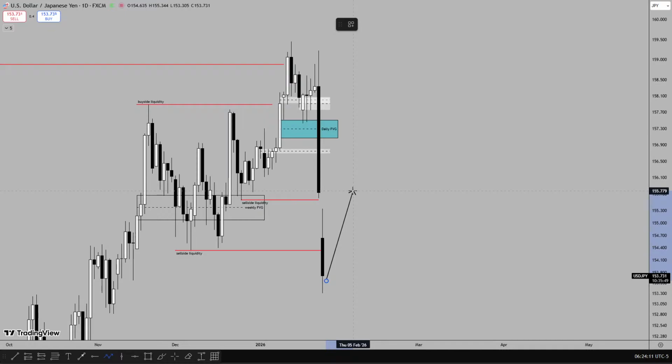If price were to respect a daily point of interest, then I will be anticipating lower prices, and my draw on liquidity should be Monday's low. That is the idea going into this week.